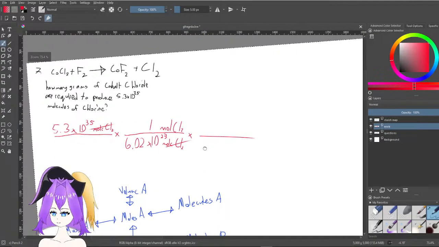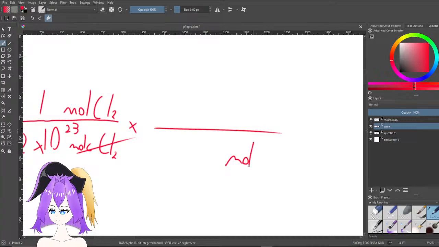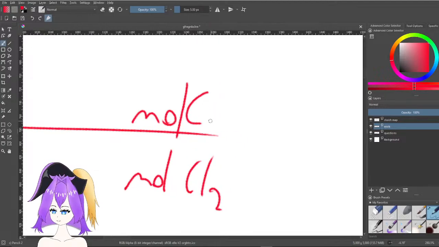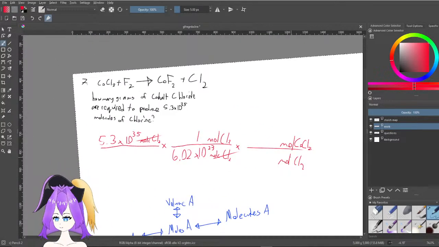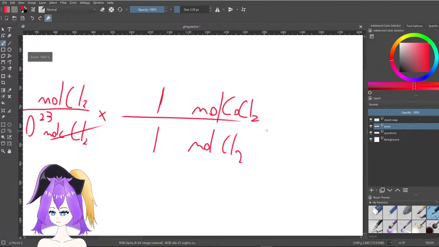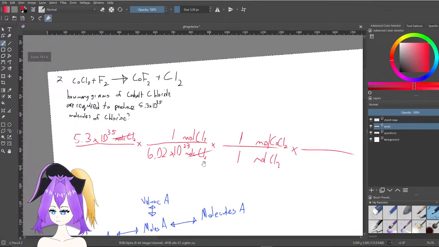And then moles Cl2 to moles of COCl2. Okay, so everything is 1-to-1, so everything is 1 mole, so I'm just gonna fill in 1-to-1 for that.